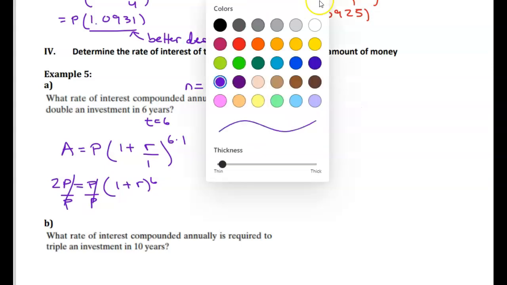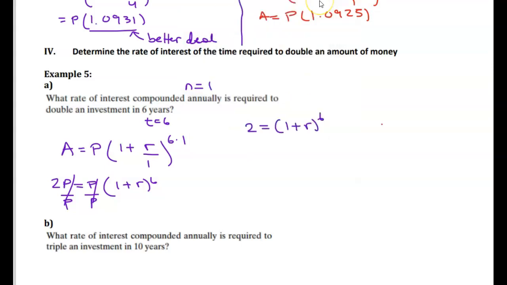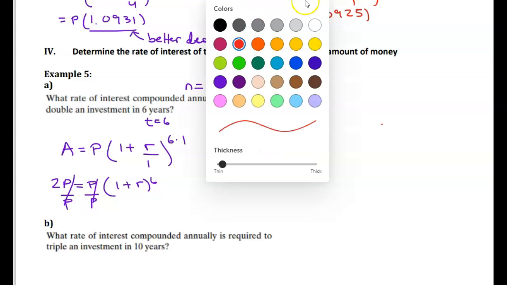Now we can do natural log of both sides. We have log of 2 equals 6. Oh no, that's not a good idea, because then my variable is going to be stuck inside the parentheses.